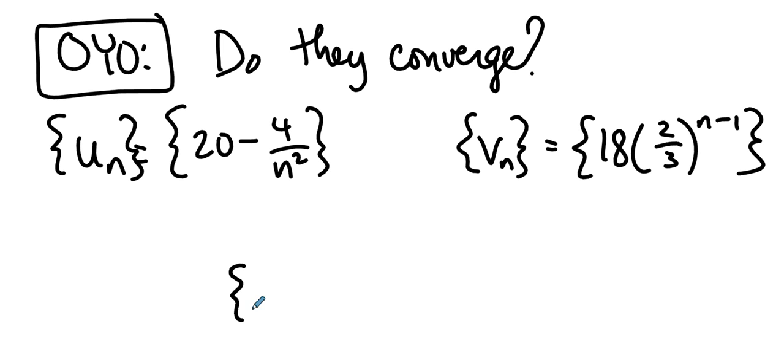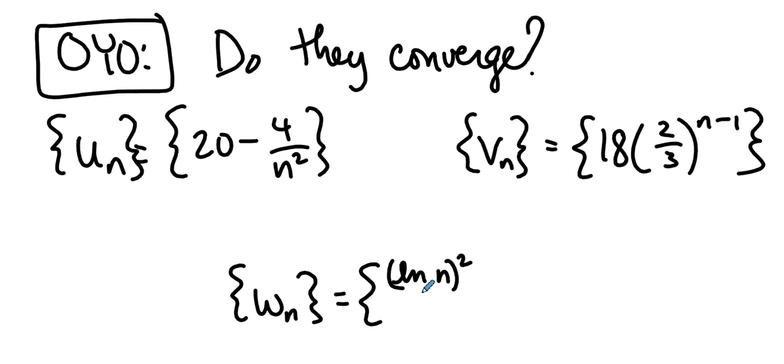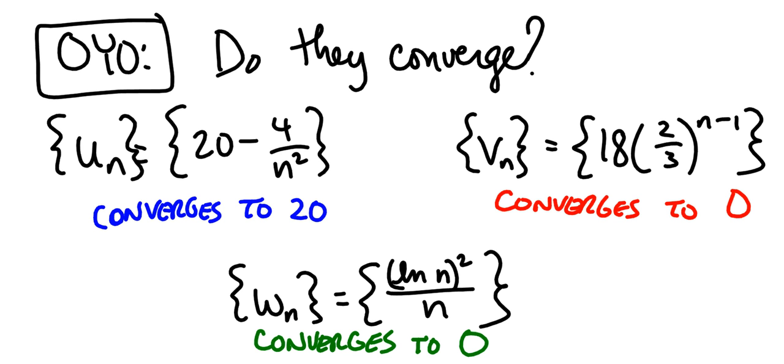And the sequence w sub n, which is the sequence natural log of n squared over n. I want to know if those sequences converge. Think about that for a moment. Shockingly, breaking the fundamental law of classroom examples, all 3 of these converge.